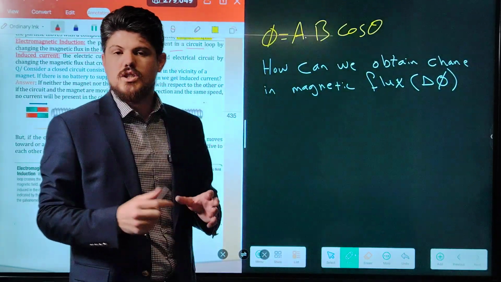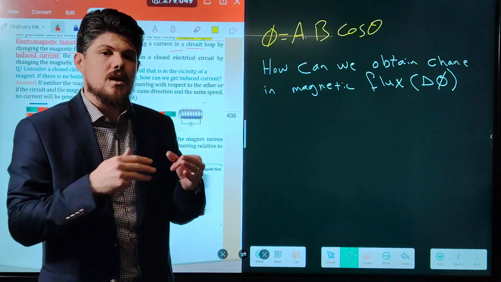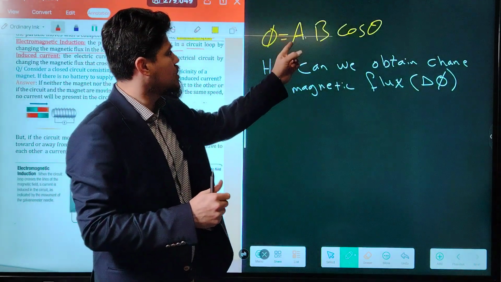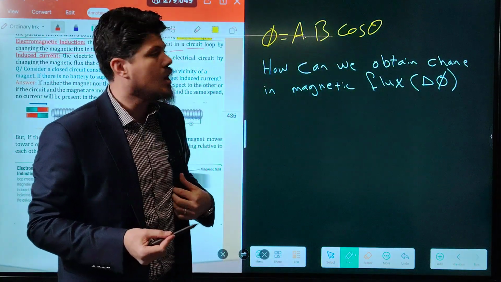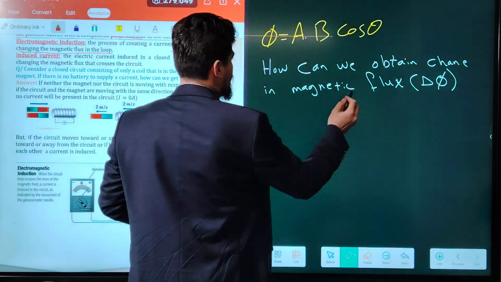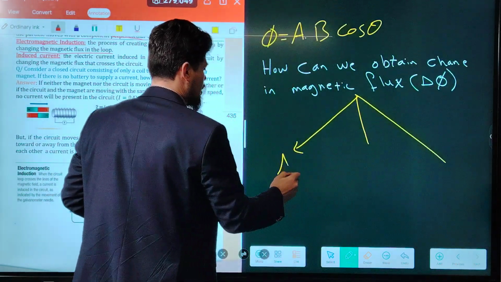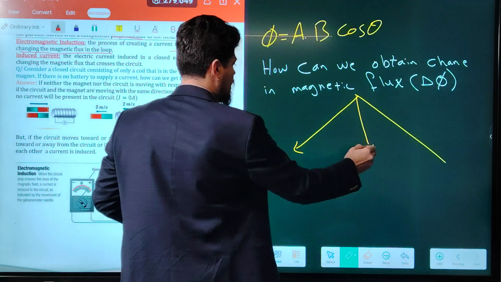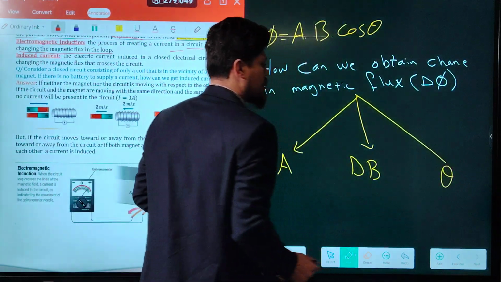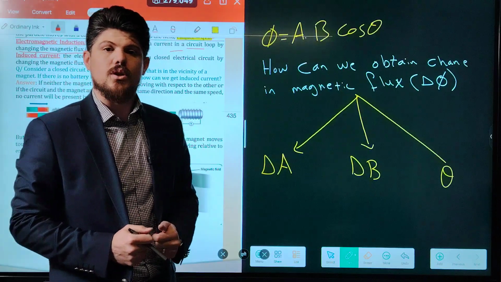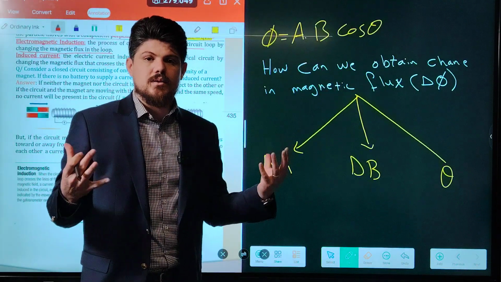What do you mean by delta? Change. In how many ways can we change the flux? In 3 ways: by changing area, delta A, by changing magnetic field, delta B, or by changing the angle or orientation of the loop. In these 3 ways, we can produce a change in magnetic flux.